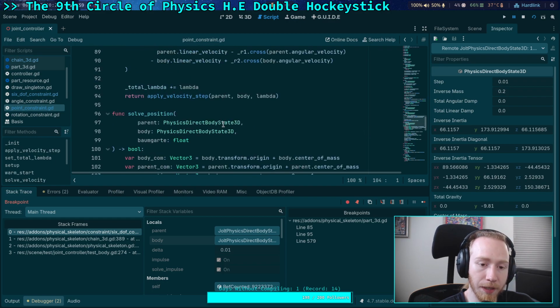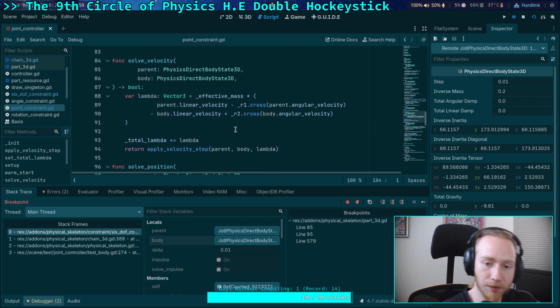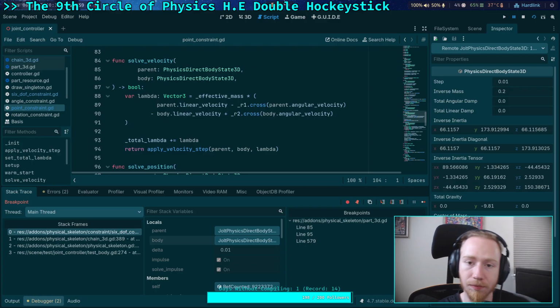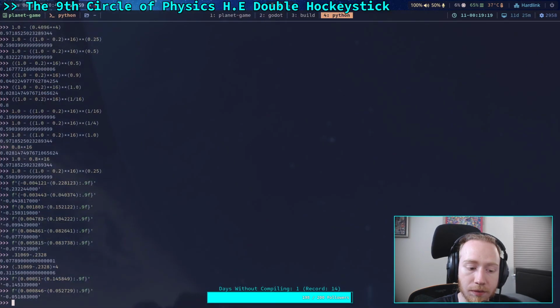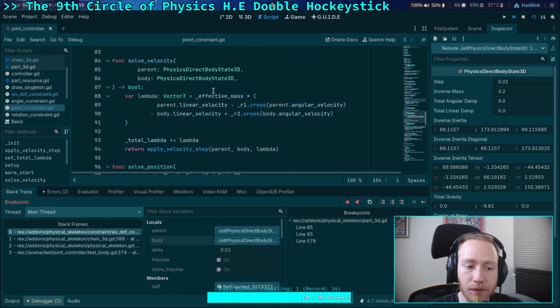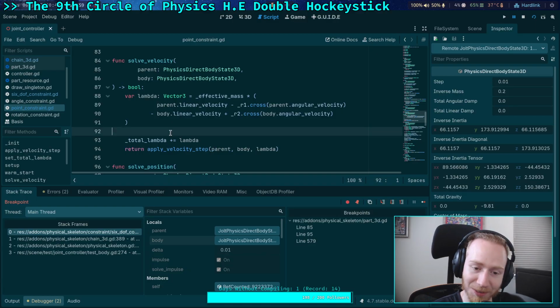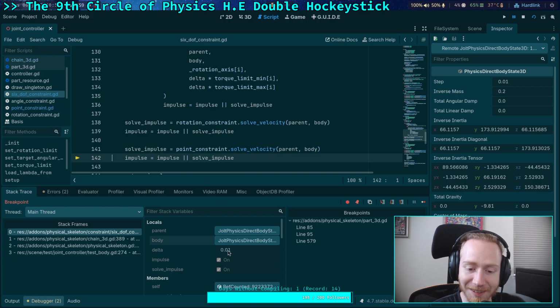Could the point constraint velocity be wrong? Yeah, I don't know.